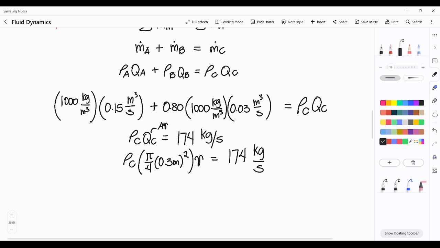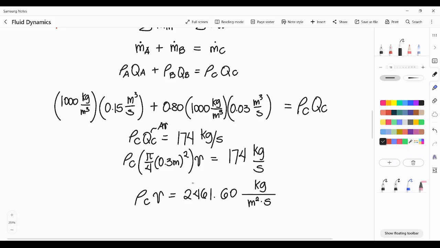At pag dinivide natin yan ng itong area na to, rho C times the velocity is equal to 174 divided by pi over 4, 0.3 squared. You'll get 2461.60. Our resulting unit will be kilogram per square meter second.